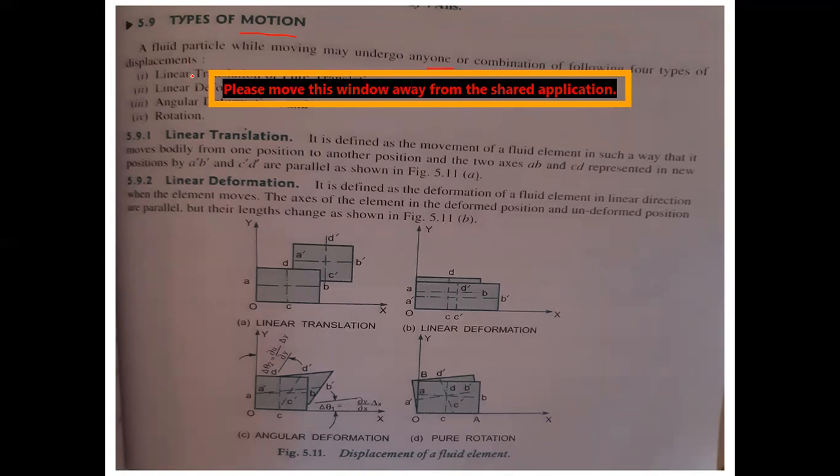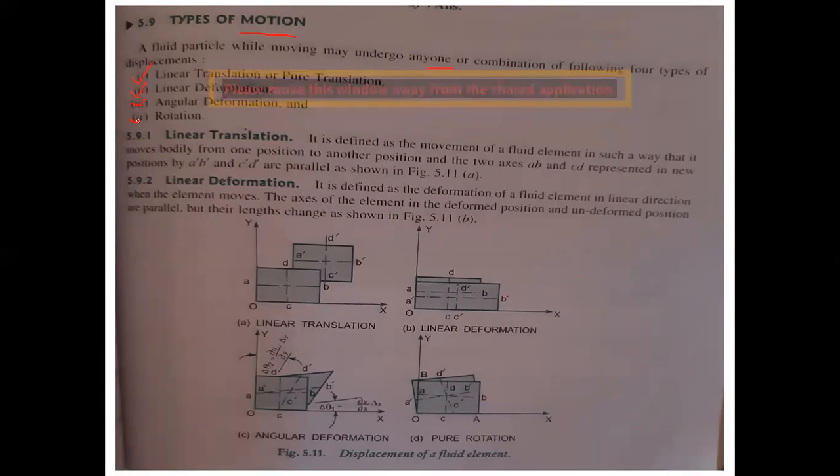So what are the four types of displacement? The first one is linear translation or pure translation, next one is linear deformation, third one is angular deformation, fourth one is rotation.